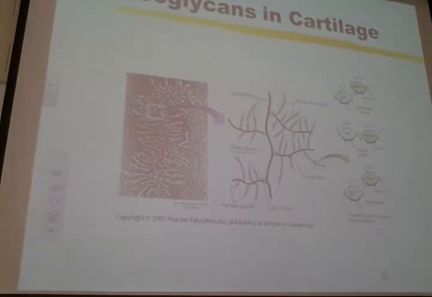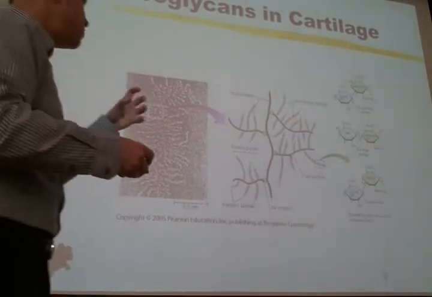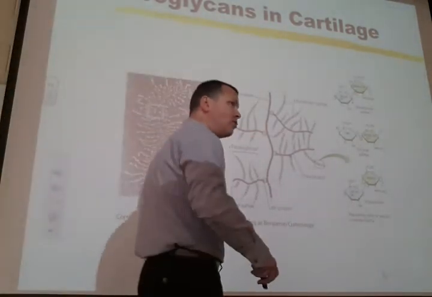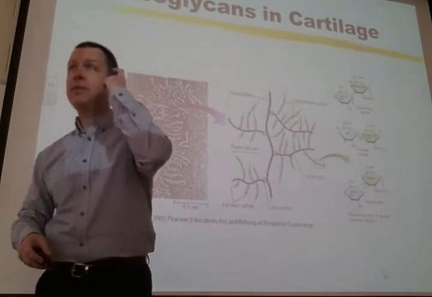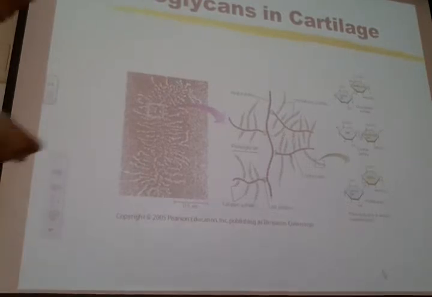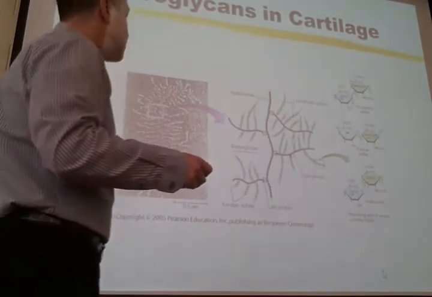And when you mix water with these, it makes a jelly-like viscous fluid, which also helps lubricate your joints. I think I mentioned that the fluid in your eyeball is basically proteoglycans dissolved in water. And so these can also have lubrication functions as well.